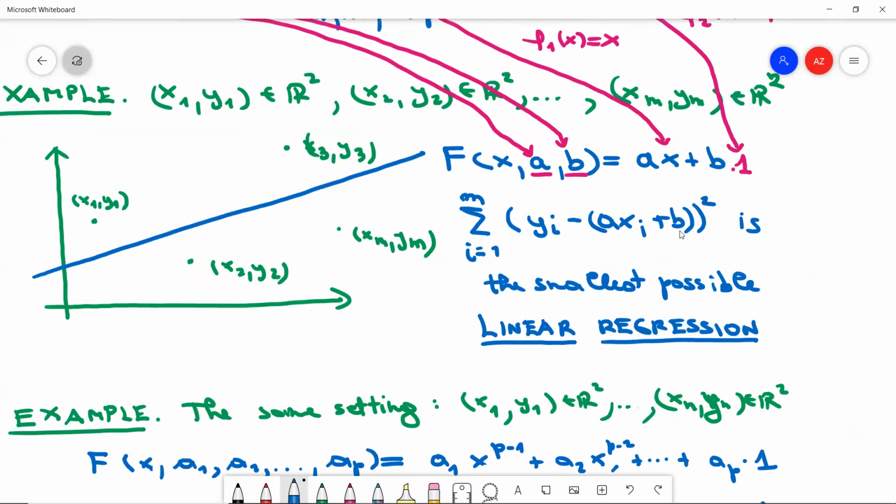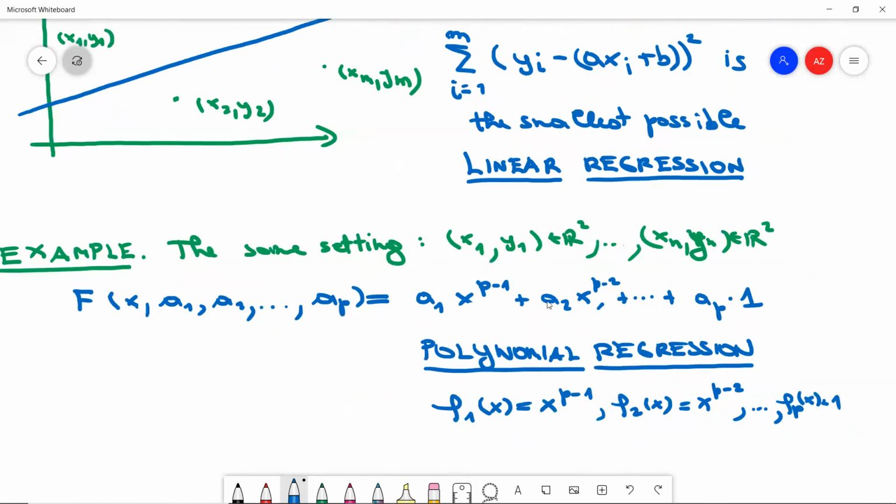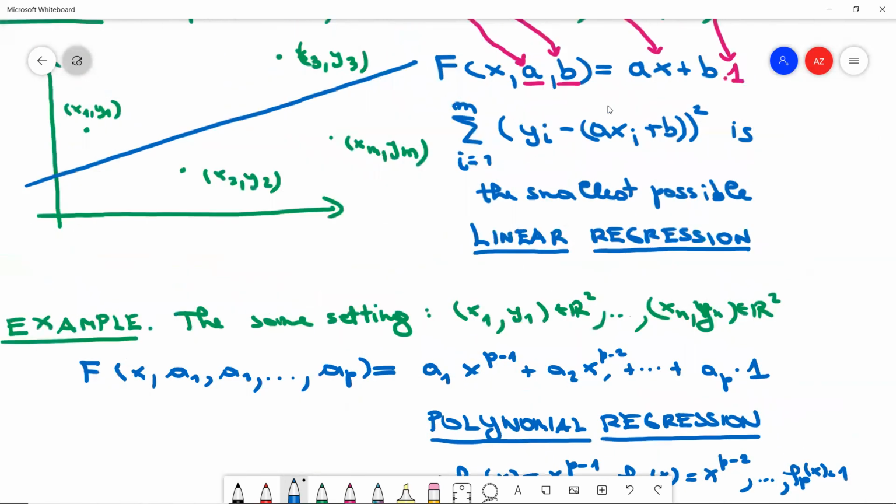Here we have only two partial derivatives. But in this polynomial regression, we have p parameters. And I won't write this function f explicitly, but it's of the same form: yi minus this expression evaluated in xi, squared and summed over all numbers.